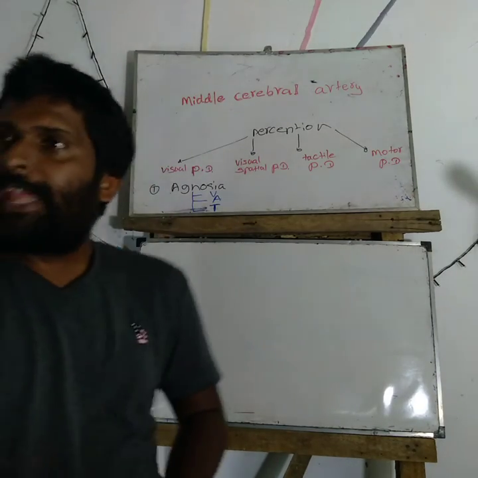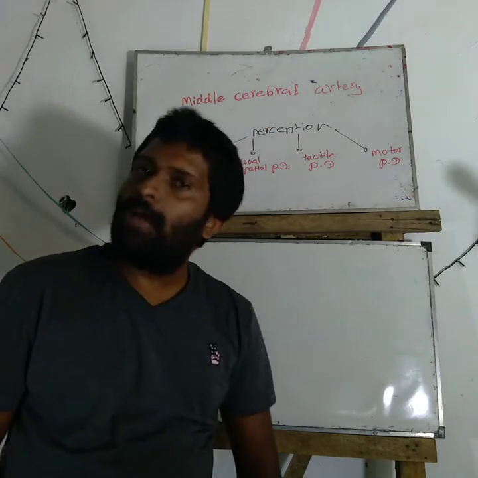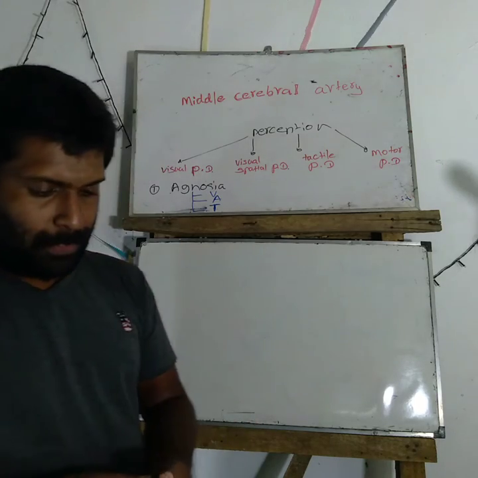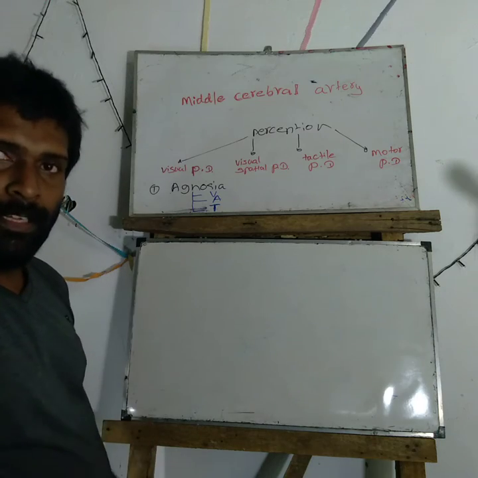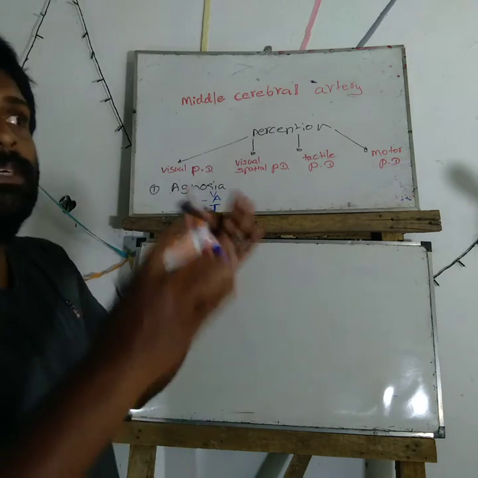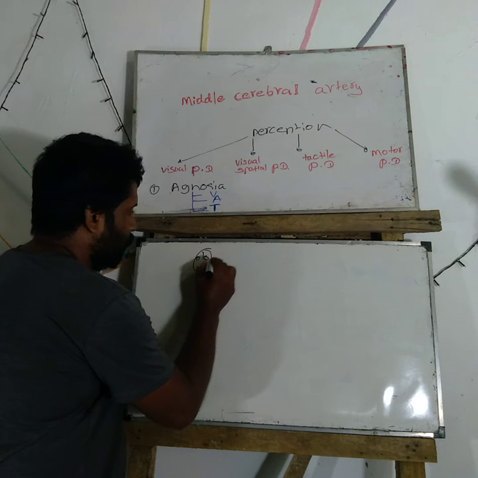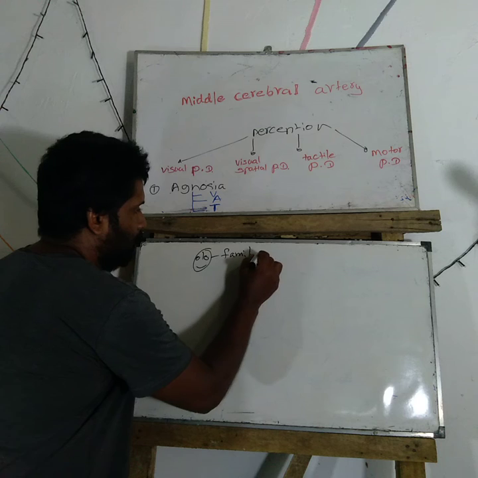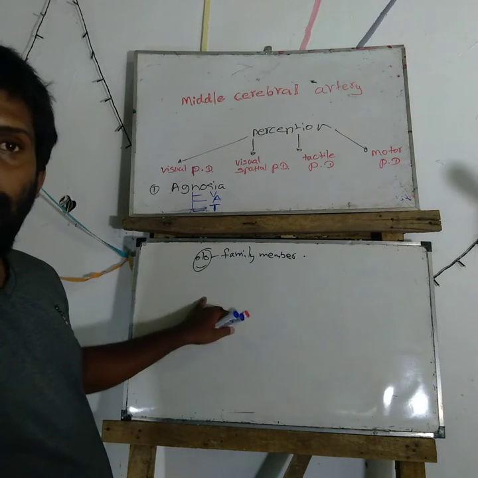How can we tackle a cerebrovascular accident patient having agnosia? The first one is the face. We ask about the family members' faces. The patient can't identify the family member's face.